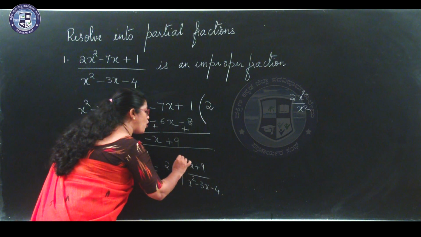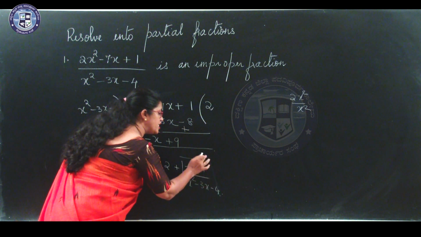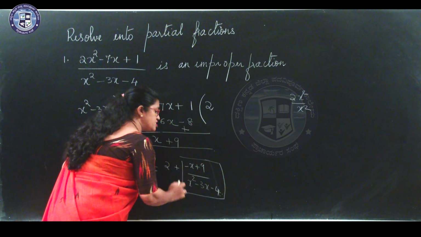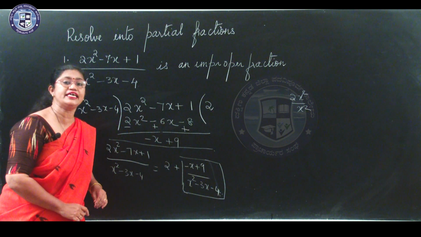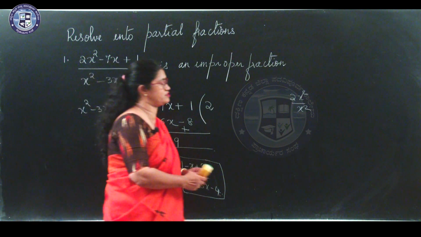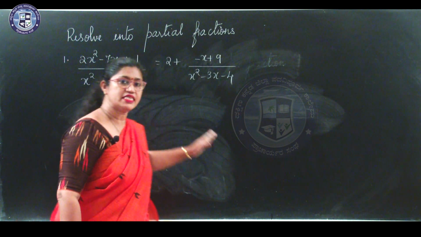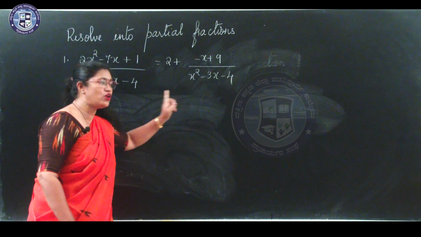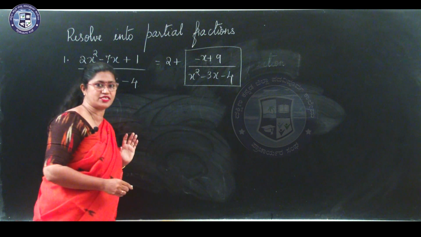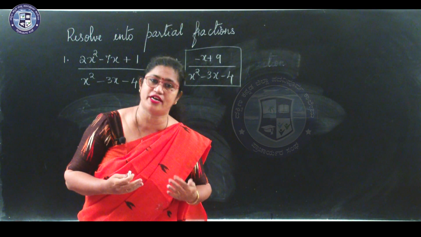Now this proper fraction we shall divide into partial fractions. This is a proper fraction and hence it can be resolved into partial fractions. After long division, this is the result that we have got, and we shall now resolve this into partial fractions by the method that we already know.